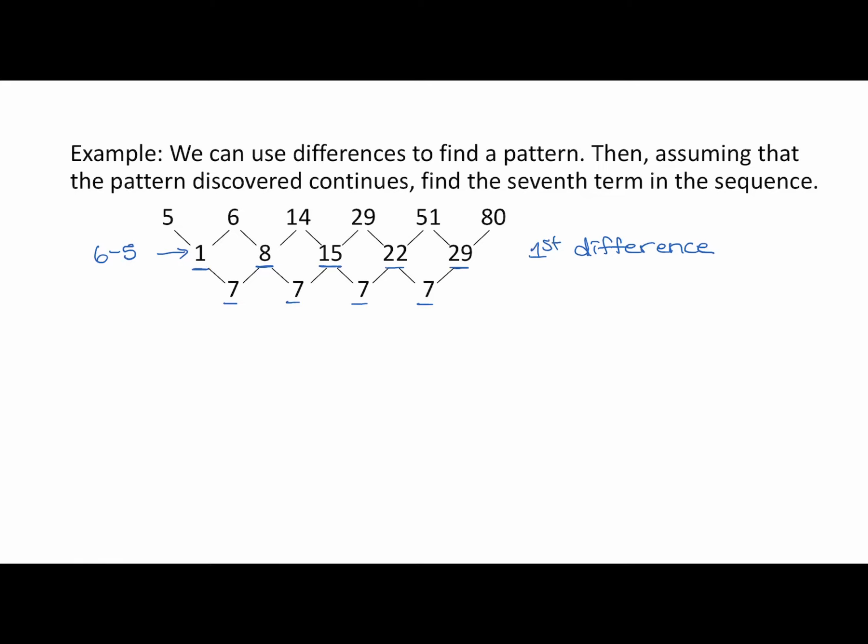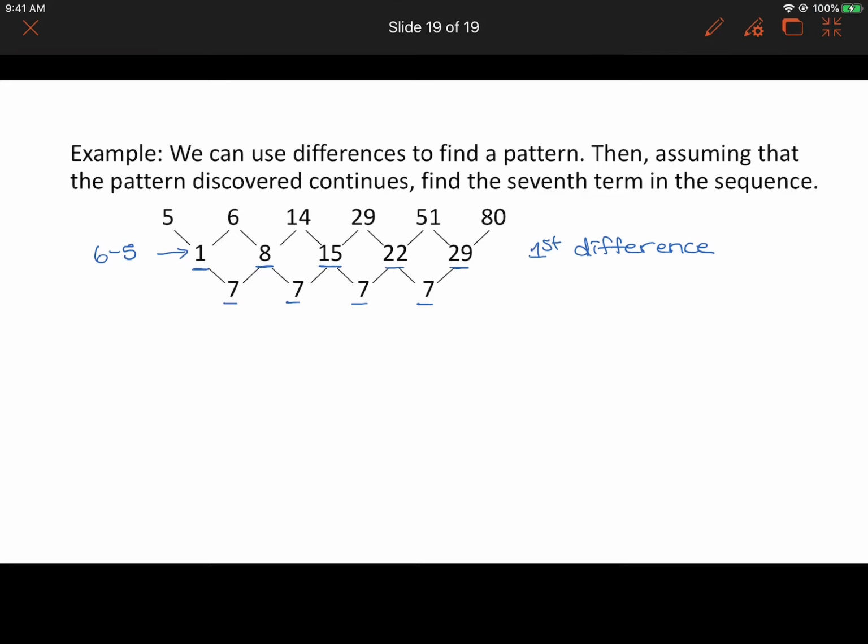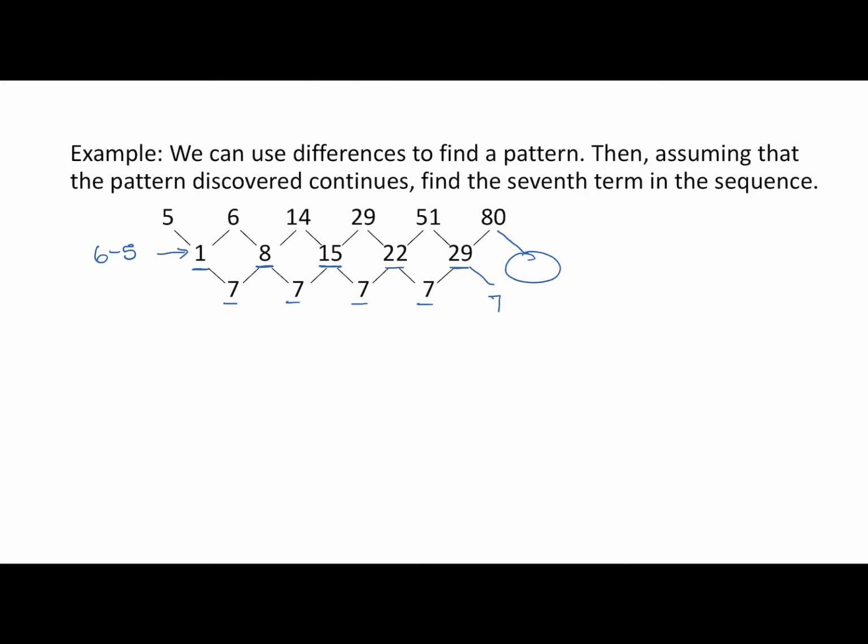So if this pattern continues, and I shouldn't have written right there, I'm going to erase a little bit. If this pattern continues, we would expect the difference here to be 7. And so the number that goes here must be 29 plus 7, which is 36.